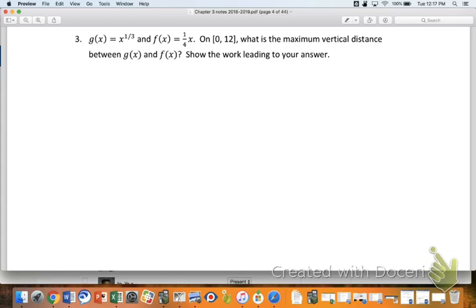Window, just the interval. I'd make my window from 0 to 12. Yep. I don't know about my y's necessarily, but I'd go 0 to 12. That's pretty reasonable. You might have reason to change those sometimes, but probably okay on this one.